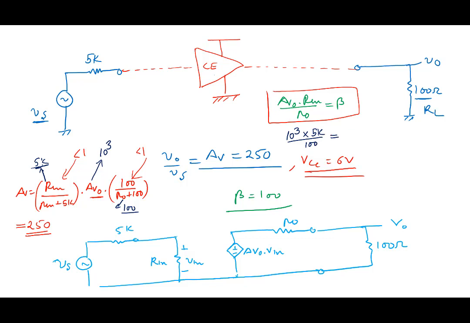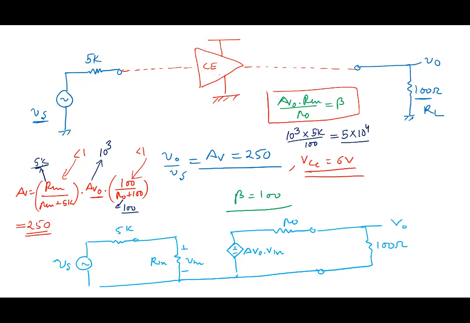The right hand side tells me you could do it with a single stage common emitter amplifier, provided you had a beta of 50,000. We don't have a beta of 50,000. We have a beta of 100. Well, obviously this design will fail. I can't do it with a single stage common emitter amplifier.